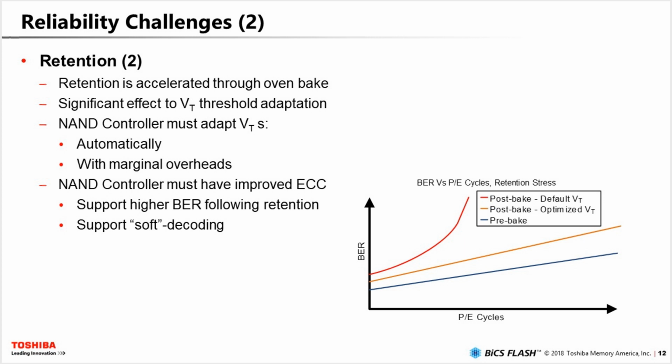They're still higher than those without retention, but can still be handled. And the NAND controller must do this automatically and with minimal marginal overhead. So the NAND controller must understand that the device underwent retention and must understand where optimally to position the VT thresholds. So the bit error rate still increases. This is why we must support very good decoding capabilities in the NAND controller and also support soft decoding, as I mentioned before.